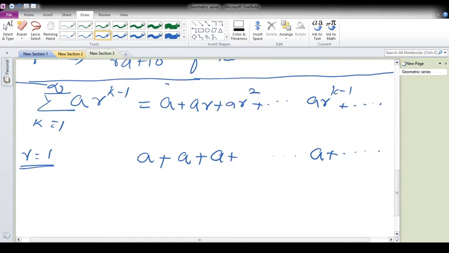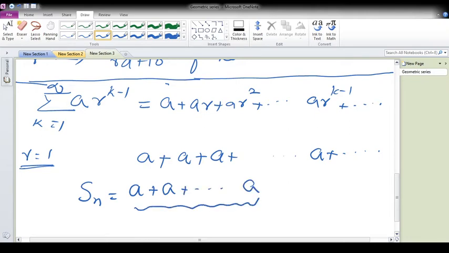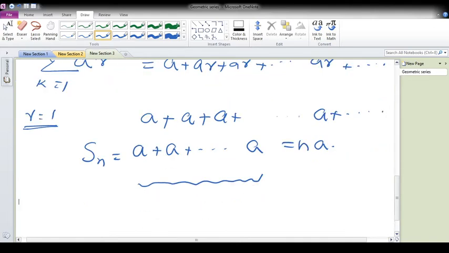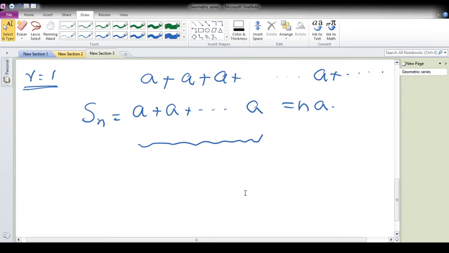So for the partial sum, Sn can be written as the sum of the first n terms, a + a + etc. + a. Here the first n terms are all a, so the sum of the first n terms is Sn equal to na.